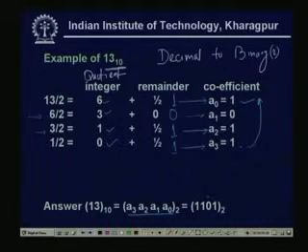Now if you want to check what we have done so far, what do I get? I get my binary representation of 13, that 13 in the decimal system, I got 1, 1, 0, 1.